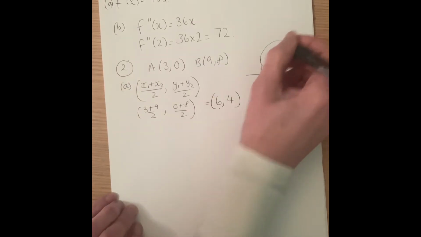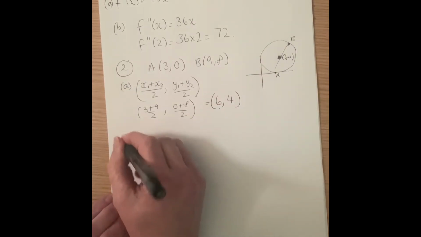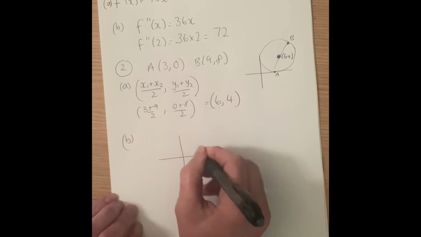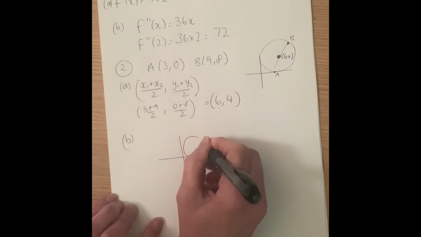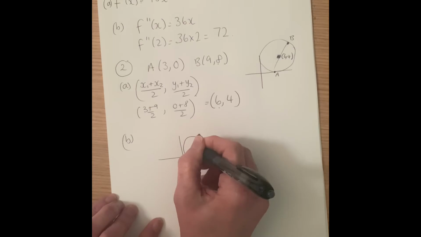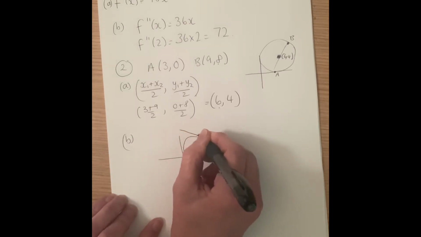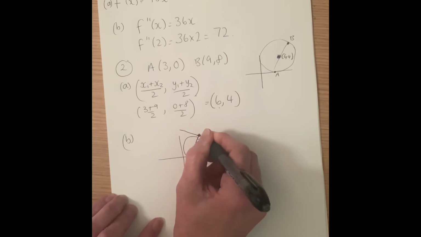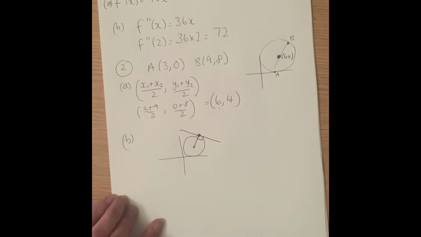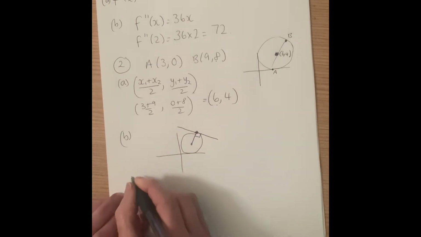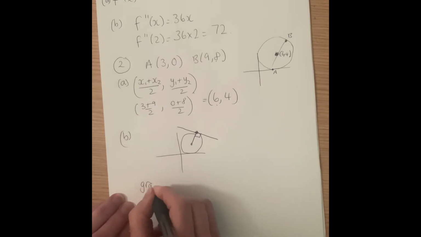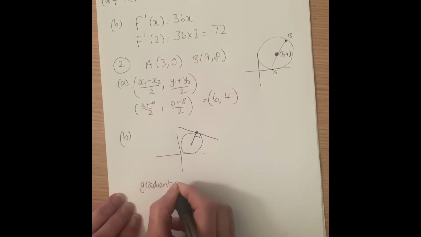So if you think about part B, I'll draw another sketch here. So here's your circle, and here's point B. So you can see that the equation of the tangent is perpendicular to the radius. So the first thing you have to do is find the gradient of the radius.